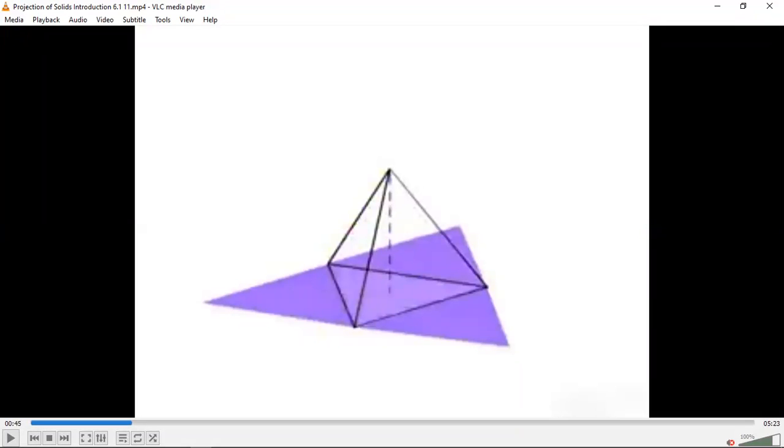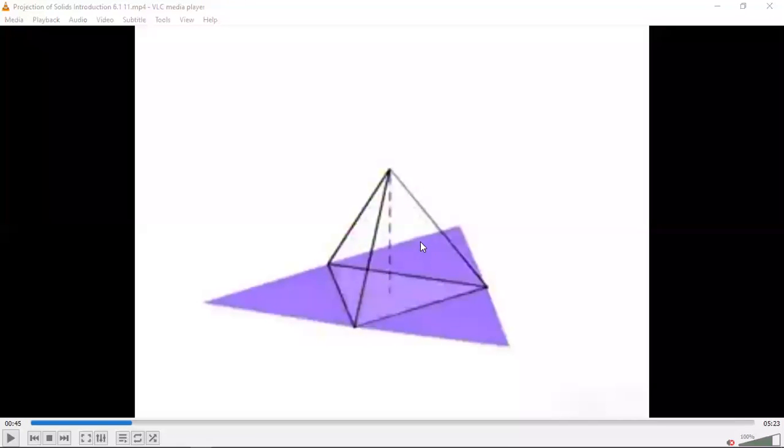When compared to the hexagonal pyramid, pentagonal pyramid and square pyramid, all of which have isosceles triangles as slant faces, in the case of a tetrahedron all four faces are equilateral triangles.